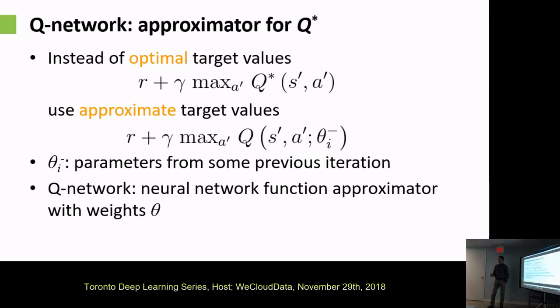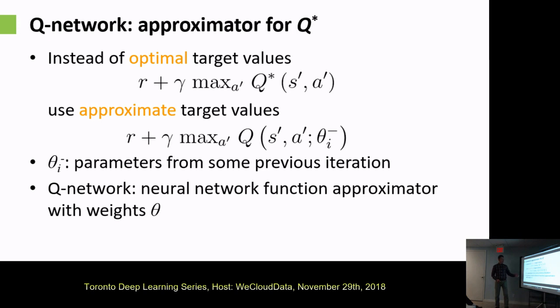So where do we get this Q star? Where do we get it from? Well, this is what we had under the expectation in the two slides before, right? The reward plus discounted future rewards. So instead of these optimal values, which we don't know, we can use approximate values, and we can use some set of parameters theta to approximate target values for this state and for these set of actions.